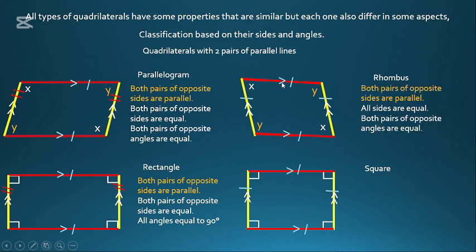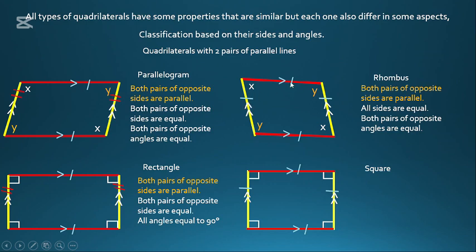Then we get to the rhombus. Same, both pairs of opposite sides are parallel, and also both pairs of opposite angles are equal. And lastly, a very important one, all four sides are equal. Right?